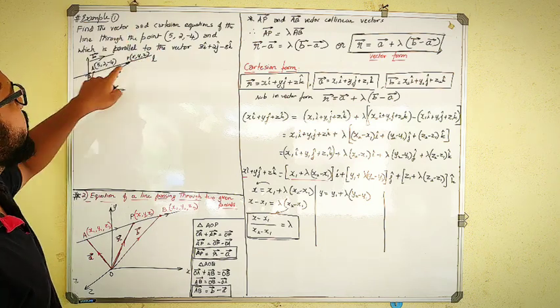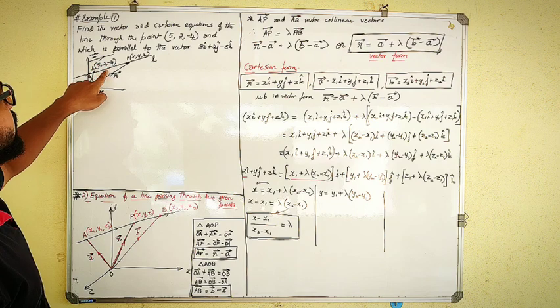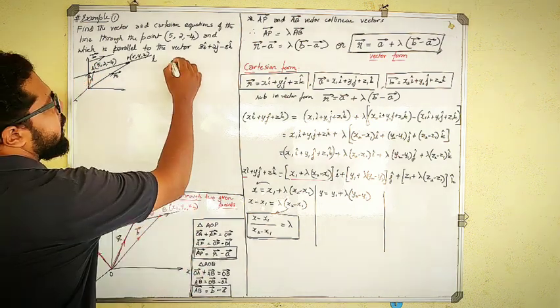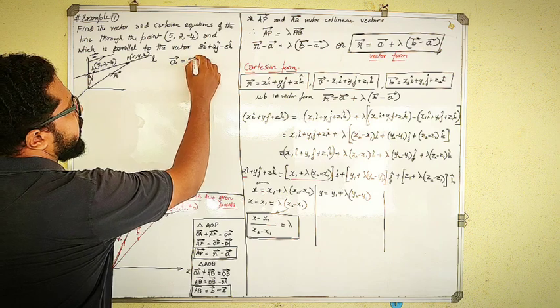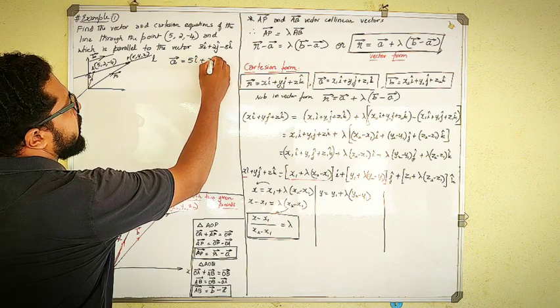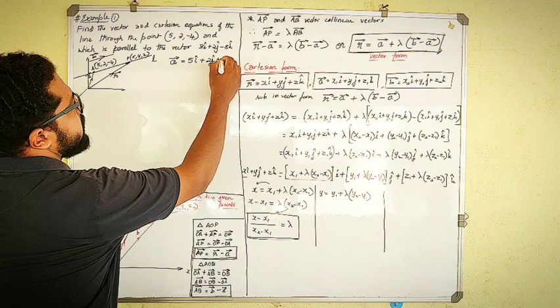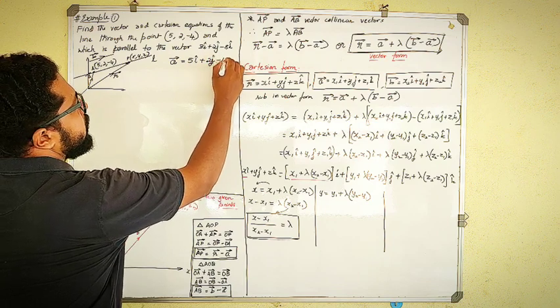If you know how the derivation is done, whenever you see the question, you should understand that the passing through point is nothing but A, and this is nothing but the A vector. So A vector's components will be the same as this, that is 5i cap plus 2j cap minus 4k cap.